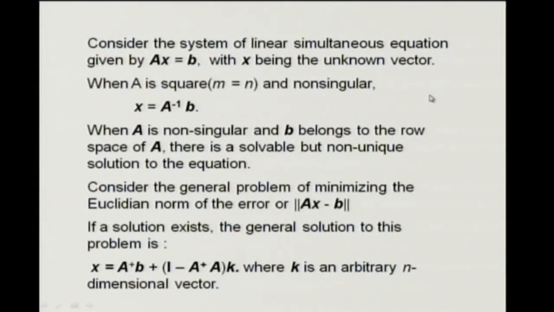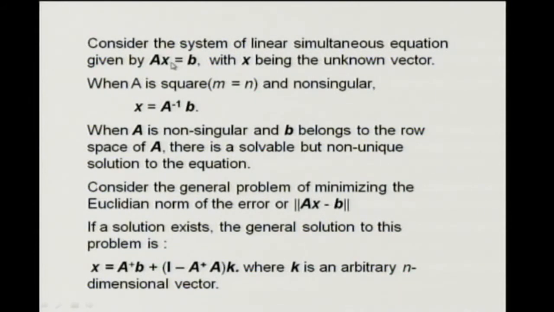Now if you have 4 variables and 6 equations, you do not have a solution, quote unquote, that's what you are told. But there is nothing called you do not have a solution, right. So you find out what is the best solution. Now best solution perhaps is the one which minimizes the error Ax minus b. So you start with Ax is equal to b, you move the b over here, so you get Ax minus b is equal to 0.